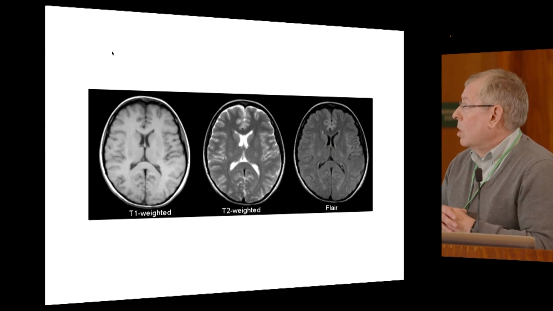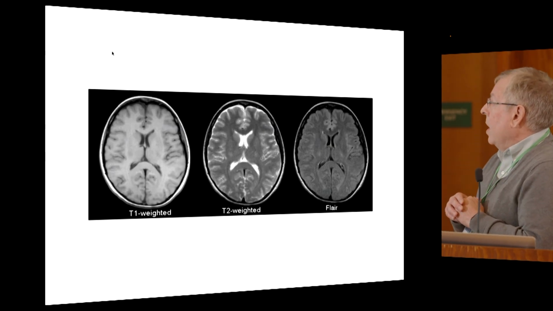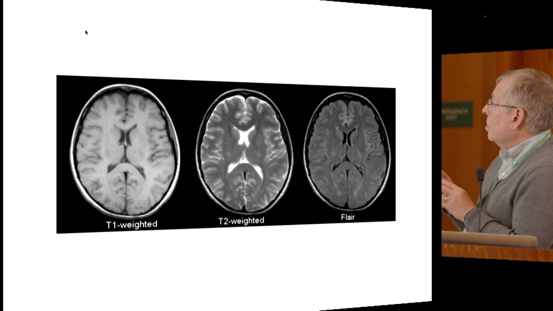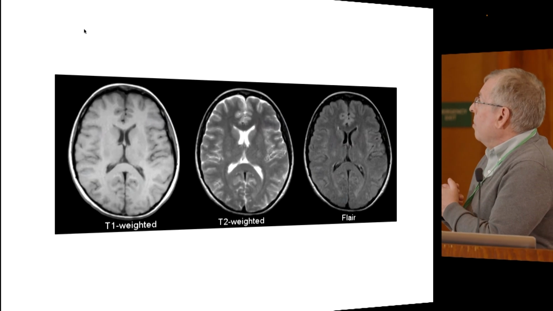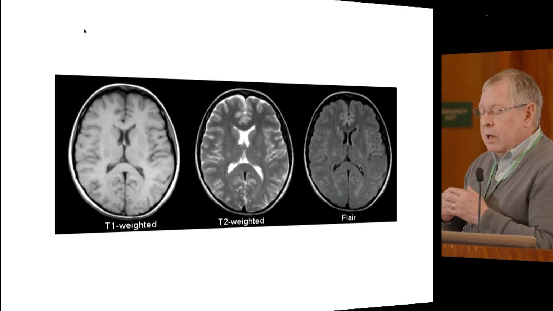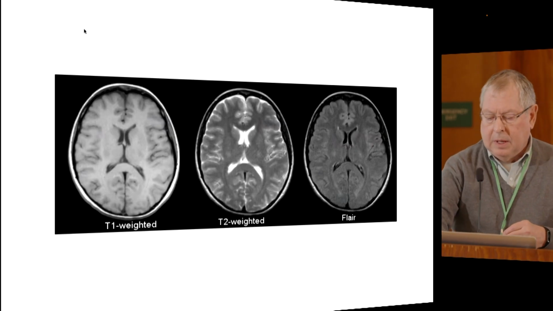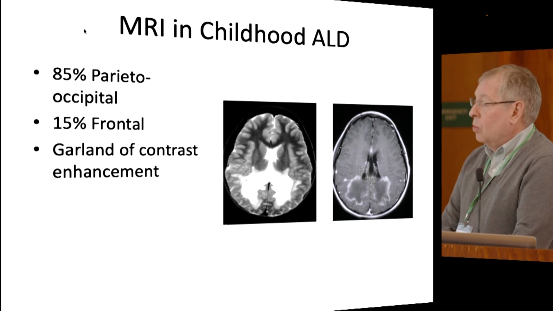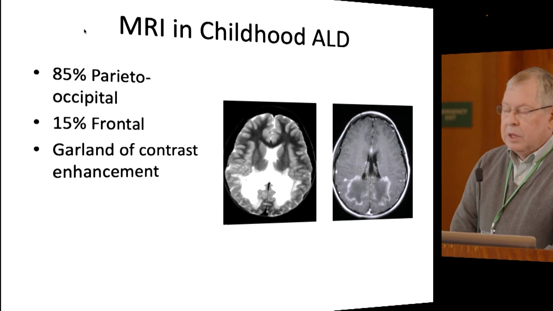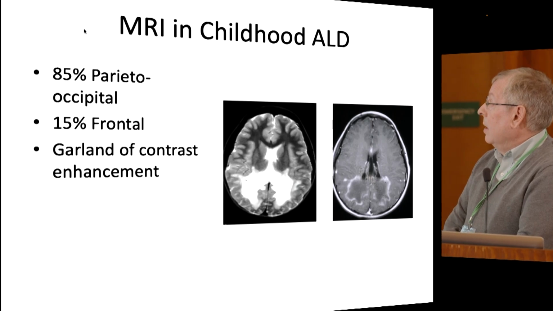Looking at them all across, we have the T1 weighted where the ventricles are dark. We have the T2 weighted where the ventricles are bright signaled, and then the FLAIR where we suppress that water signal. But we're going to be looking at these myelinated fiber bands. And these are what become affected in the MRI. We've seen some of that.